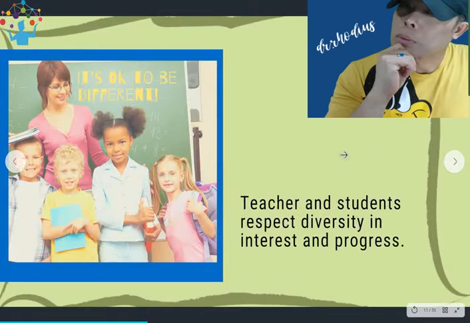In constructivism, teacher and students respect diversity in interests and progress. That's why I put here, it's okay to be different. So we have to emphasize as a teacher that it's okay to be different. It's okay to have a different set of beliefs that makes you a good person. It's okay to have a different color. It's okay to have diversity in terms of gender, in terms of culture.